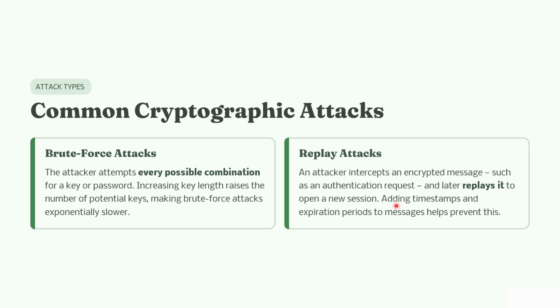To prevent this, we should add timestamps and an expiration period to messages. So we get, for example, a password that is valid for only 30, 15, or 10 minutes. That is to avoid replay attacks.